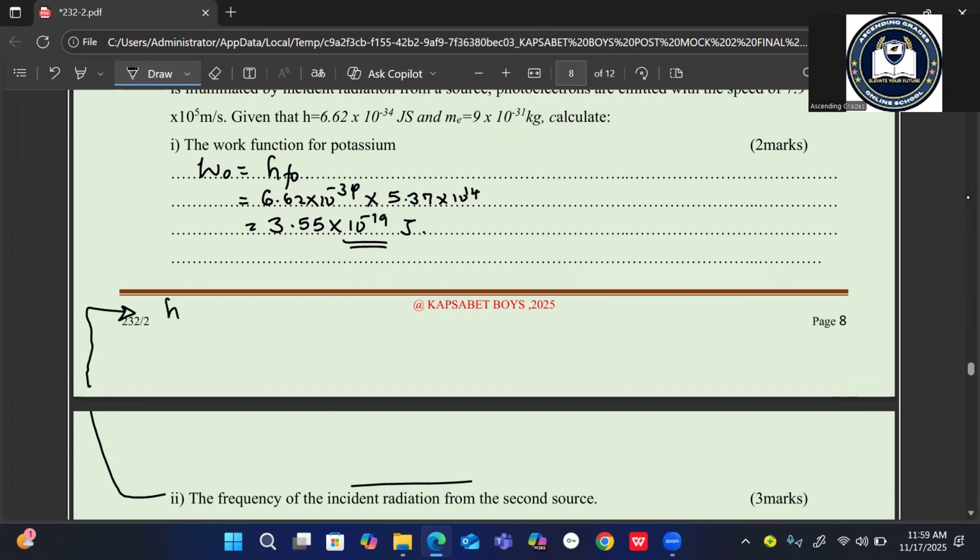From energy of a photon, hf is given by the work function hf naught plus kinetic energy, which can be given by half m e v squared. This is what we are looking for.